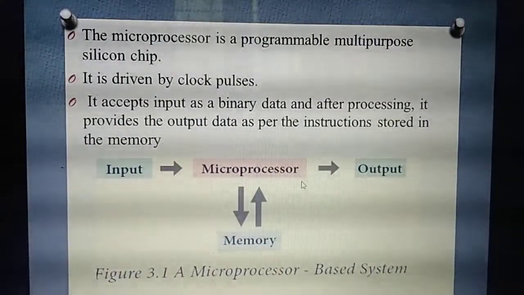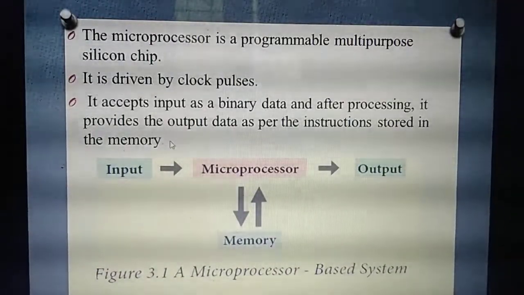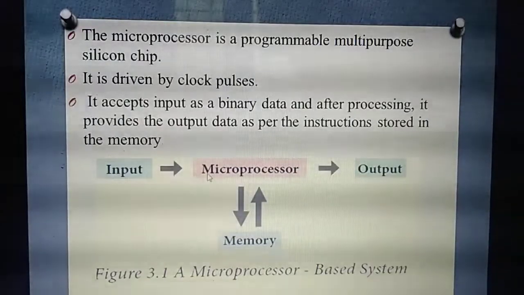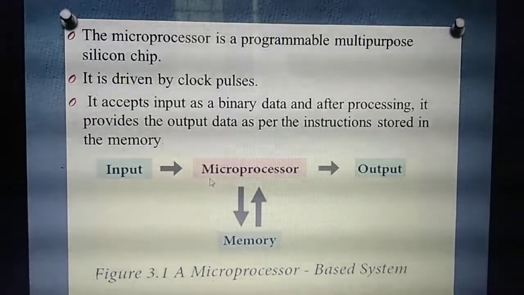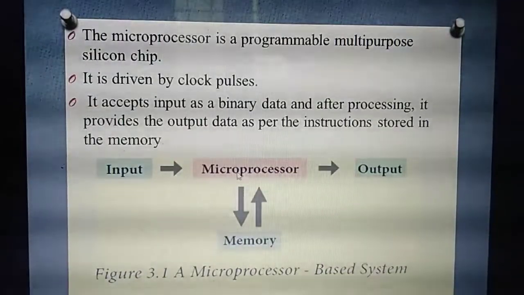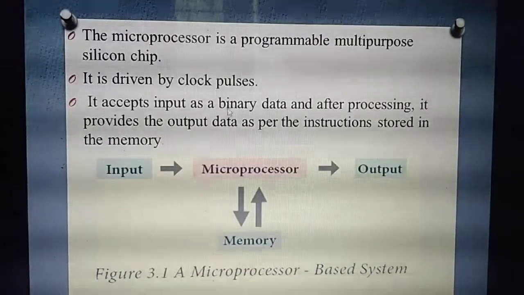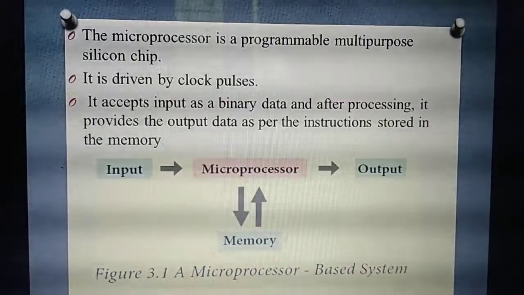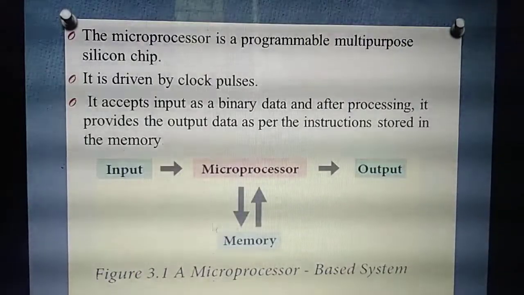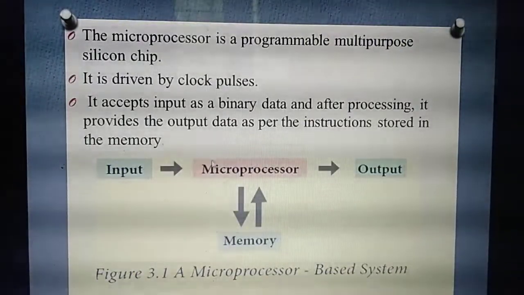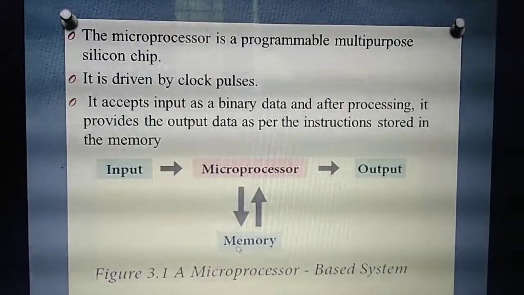Ones and zeros. The input is coming to the microprocessor, converted into binary format, and the microprocessor will process the particular data.